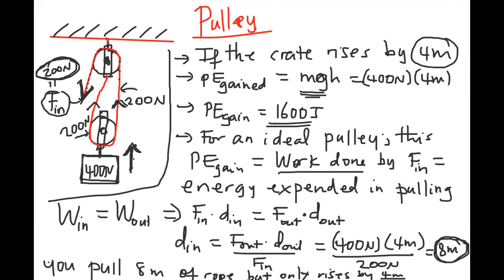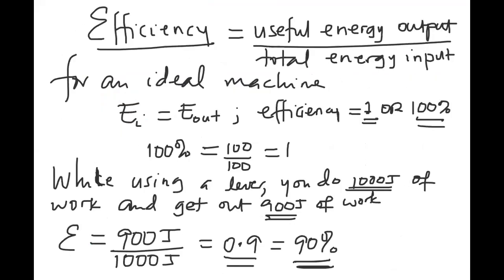That's very important. And since it's an ideal machine, we can apply this equation. If we take care of friction, then we have to be careful how we apply this equation.